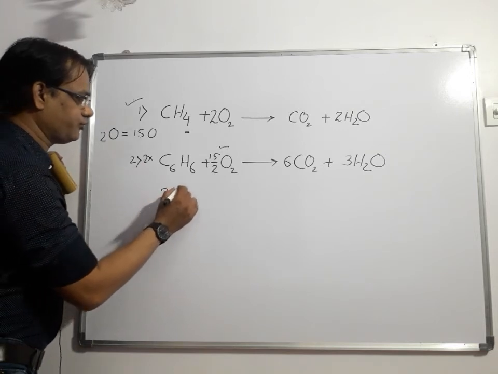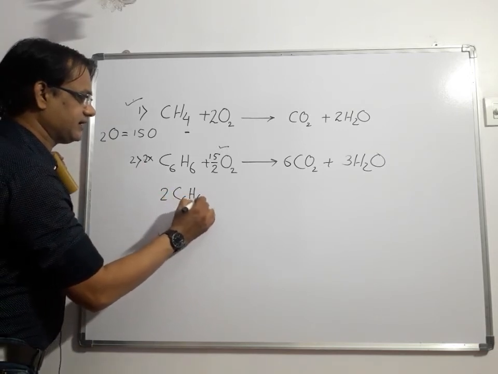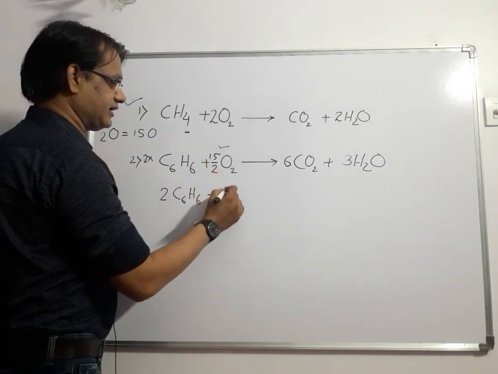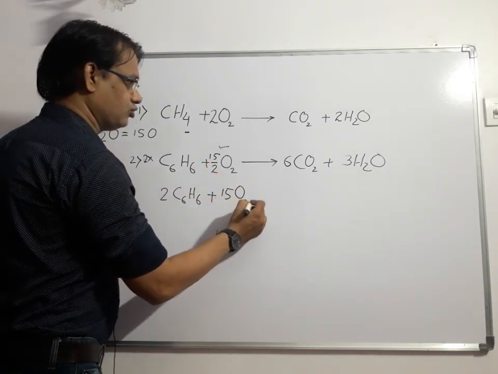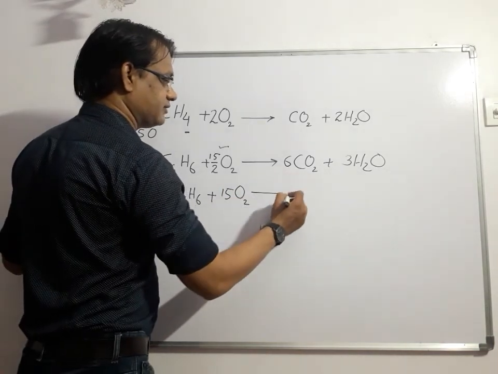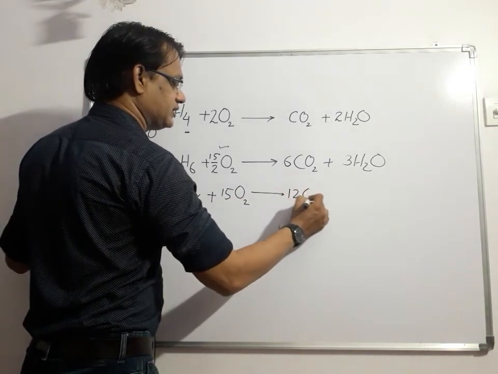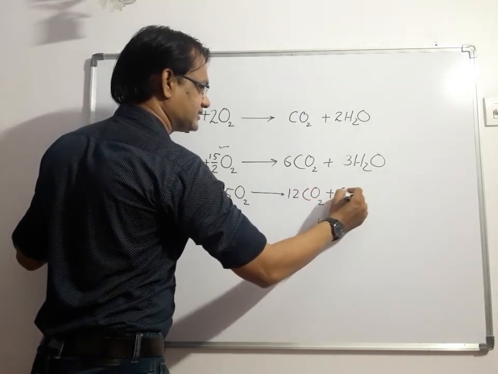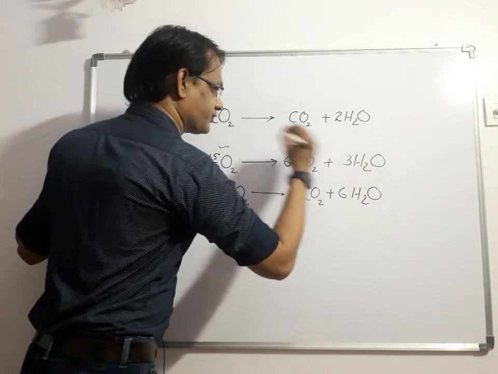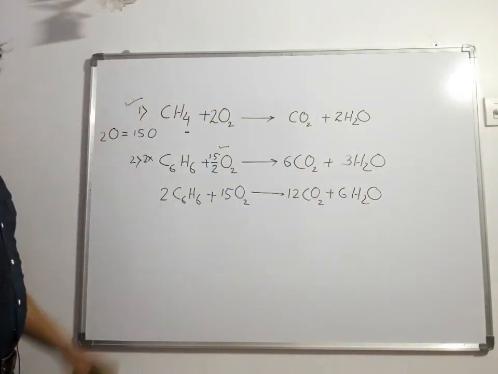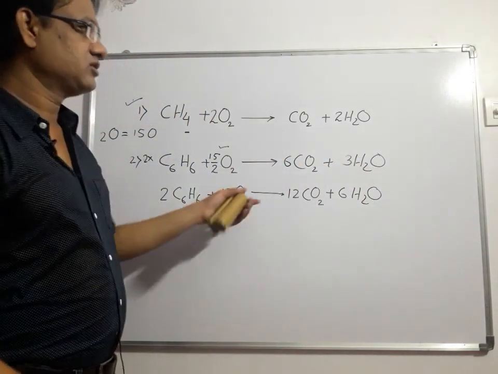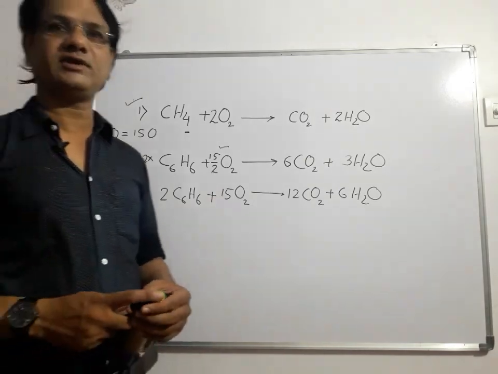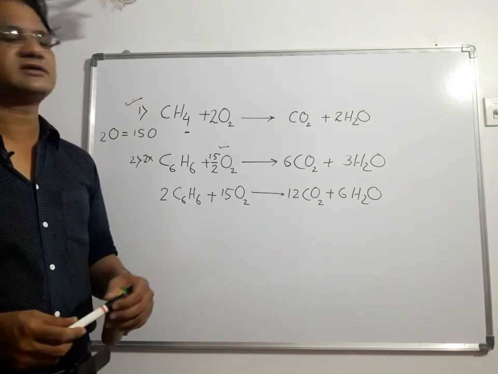I will get 2 C6H6 plus 15 O2, and this will become 6 into 2 is 12 CO2 plus 2 into 3 is 6 H2O. So in this way we can balance this chemical equation. So this is the trial and error method to balance a chemical equation. I hope you understood this topic.